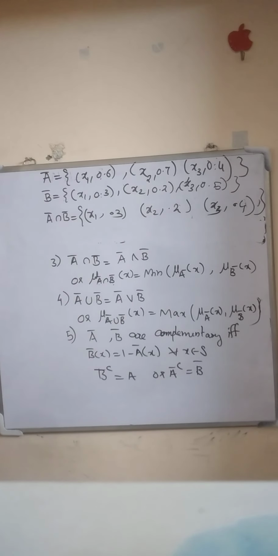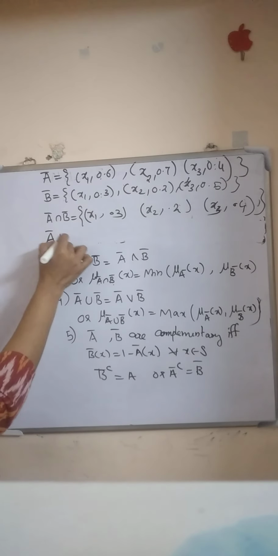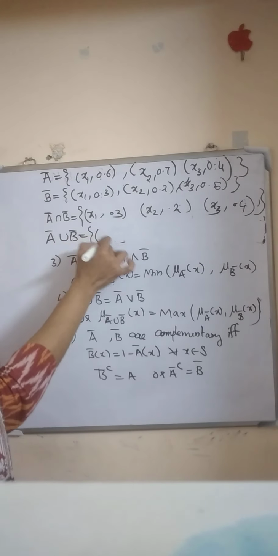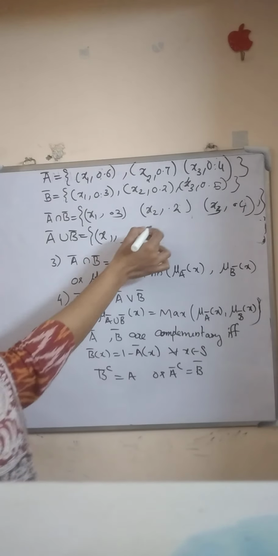Now we define the union of two fuzzy sets. A bar union B bar is equal to A bar join B bar. That is, we can find the membership function of A bar union B bar as the maximum of the membership function of A bar and the membership function of B bar at x. For this example, A bar union B bar equals, there is also no change in the values x1, x2, x3.